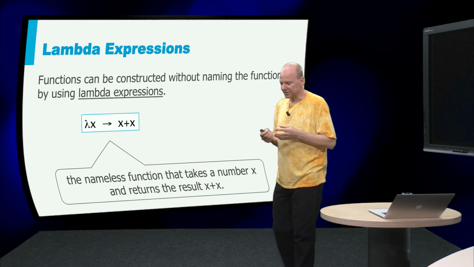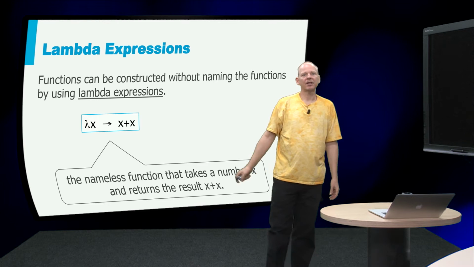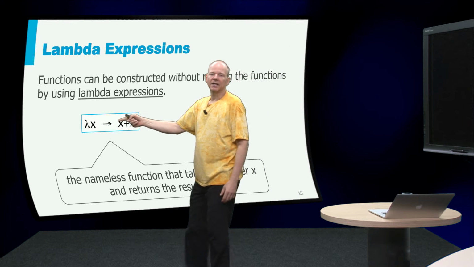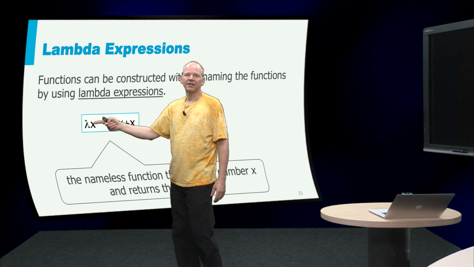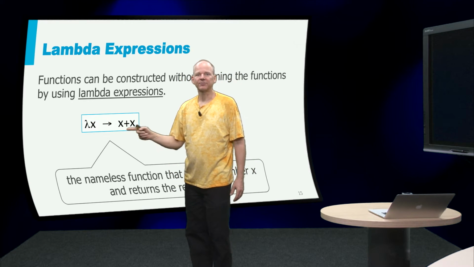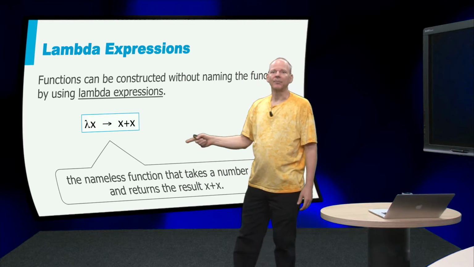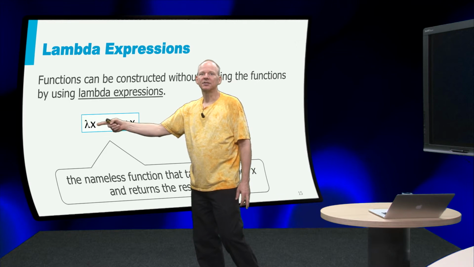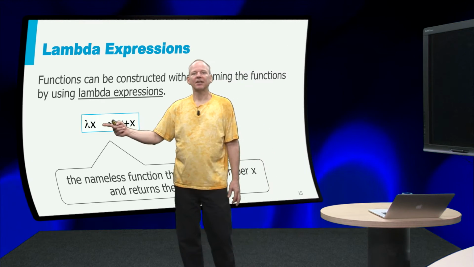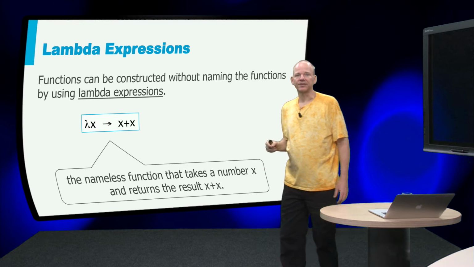In most languages, lambda expressions look kind of similar, and in Haskell they look as follows. They look like this: lambda x, arrow, body of the lambda expression. Now in the actual code that you type, you don't write a lambda. You write a slash, so you write \x, and instead of the arrow, you write a minus sign and greater than.